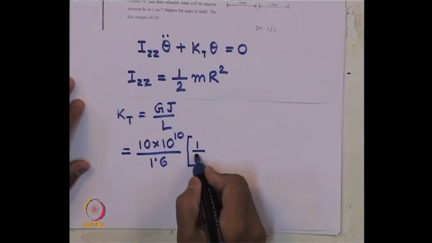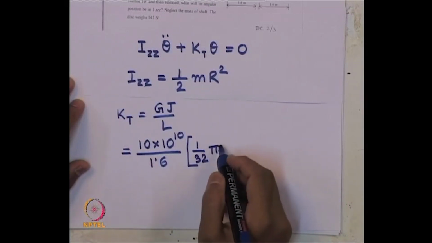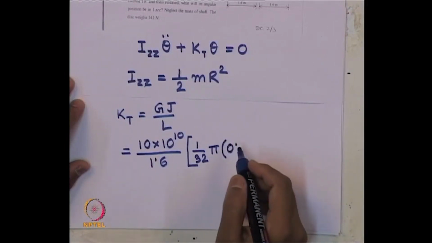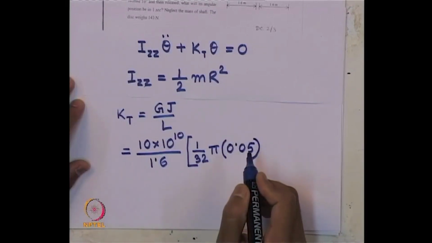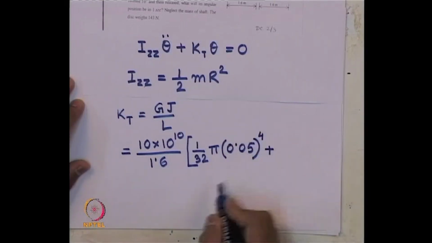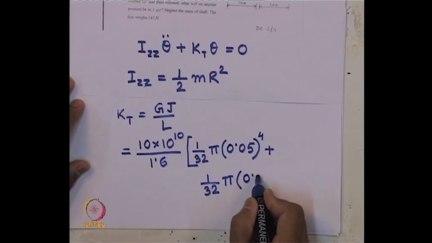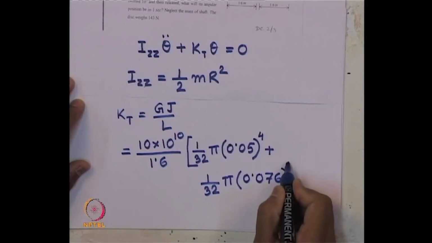J is 1 by 32 pi d to the power 4. For one shaft, d is 0.05 meter to the power 4, and for the other shaft, 0.076 meter is the diameter to the power 4.